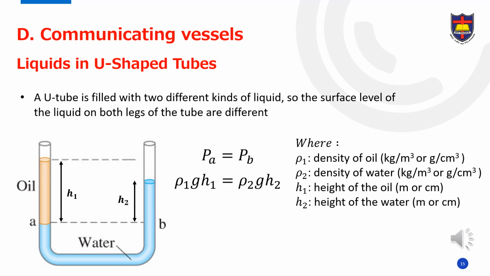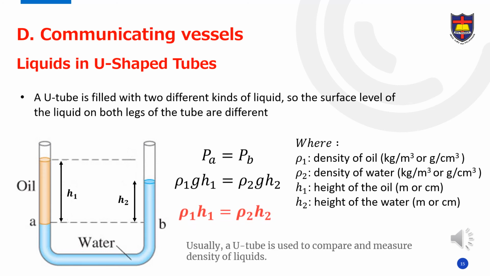So from this equation, because g is constant, the equation will be rho 1 times h1 equals rho 2 times h2. As we can see in the formula, we can use a U-tube to compare and measure the density of liquids.